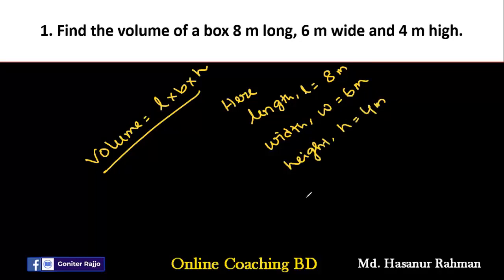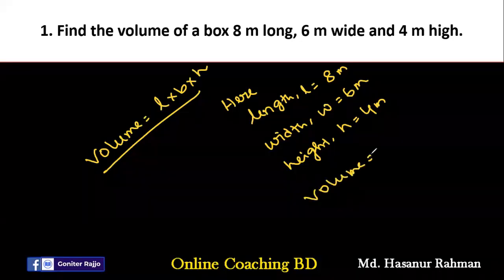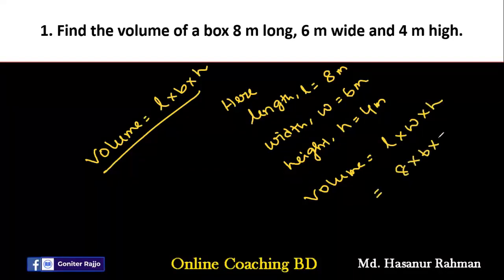Now, from formula, we know that volume is equal to length multiplied by width multiplied by height. After multiplying 8 by 6 by 4, we will get our final answer. The final answer will be 6 4 24, 24 multiplied by 8, that will be 192 meter cube.